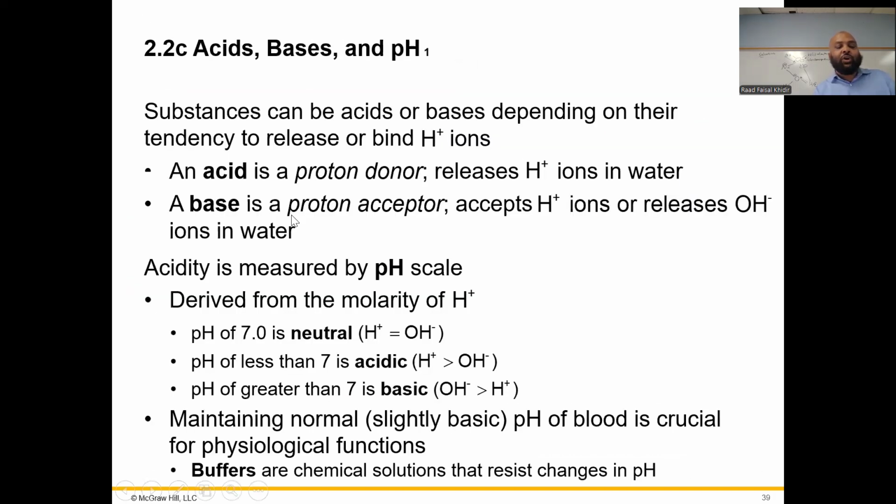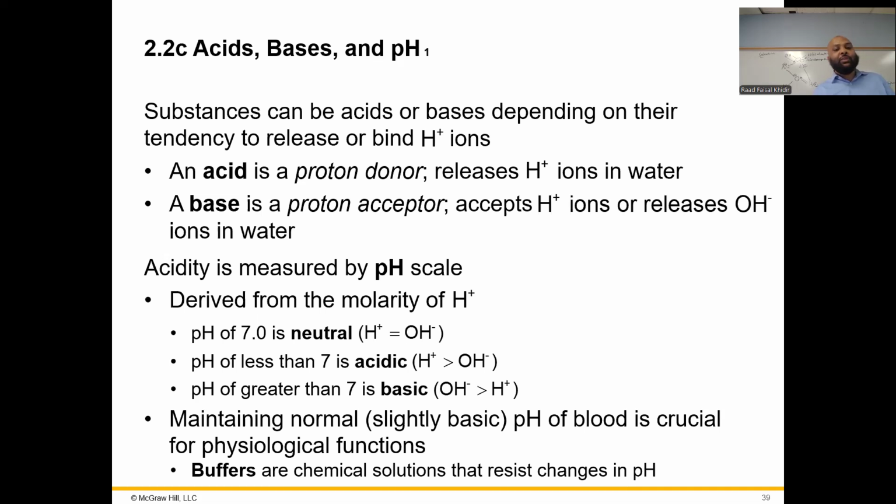Now we're going to talk about acids and bases, which is one of the homeostatic variables we need to regulate. When we are dealing with acids and bases, we said earlier that an acid is a proton donor. Substances can be acids or bases depending on their tendency to release or bind hydrogen ions.